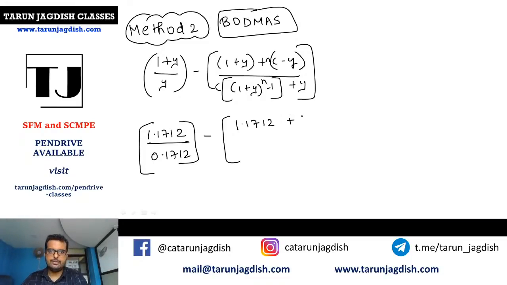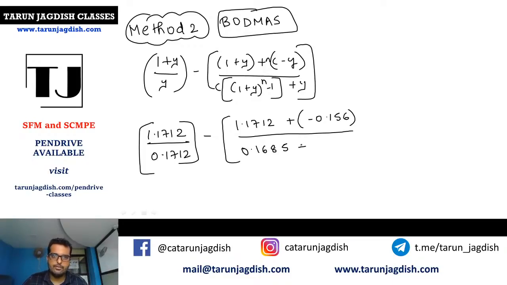So I'll get the answer as negative 0.156 whole divided by 1.1712 raised to 5, 2, 3, 4, 5, minus 1, whatever answer I get over there, multiply with 0.14. So I'll get 0.1685 plus 0.1712.